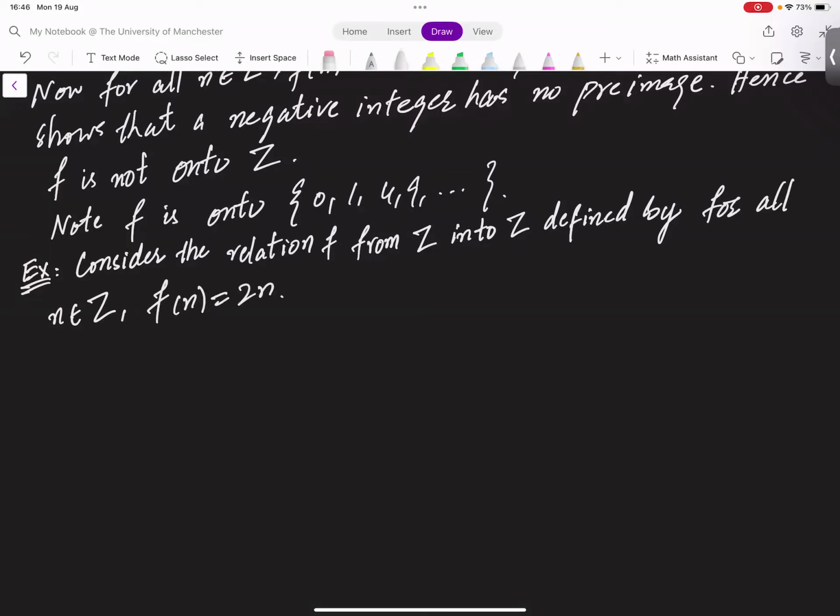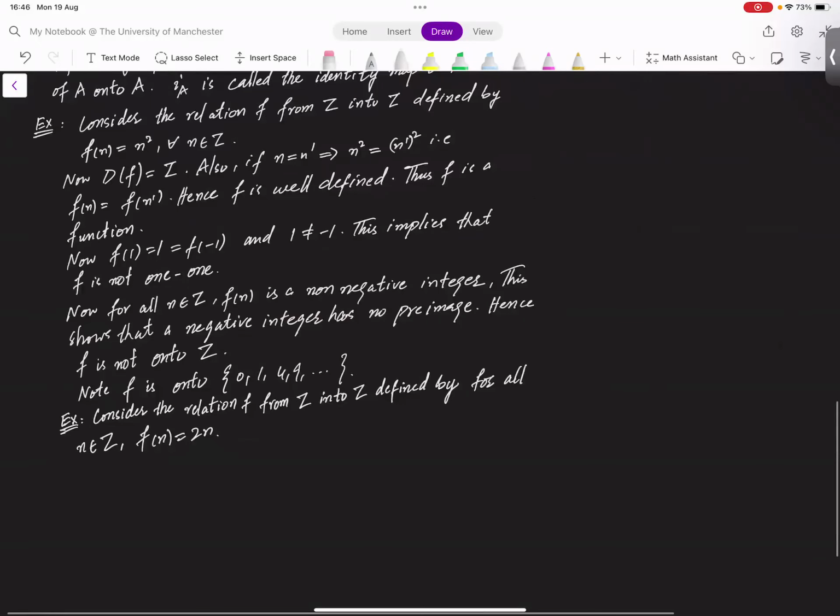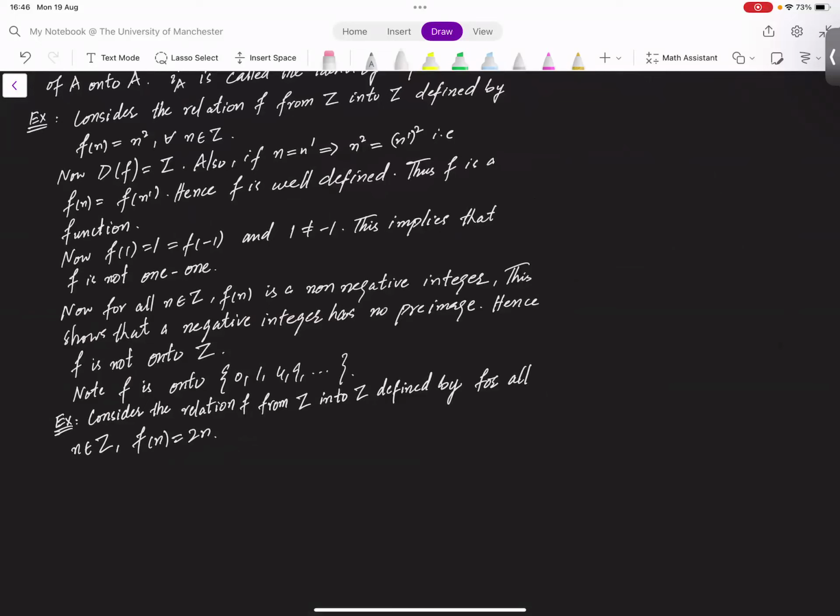The previous example we had was f from Z into Z defined by f of n is n squared for all n in Z. We now have f of n is 2n. We show that f is a function.